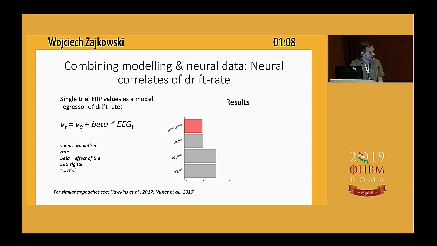And finally, a final piece of evidence is to see the distribution of the beta parameter, which is the parameter of interest here.